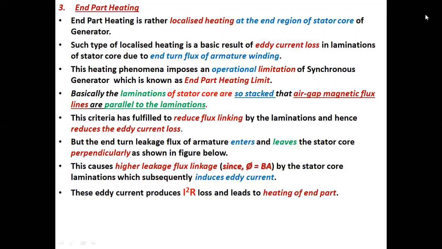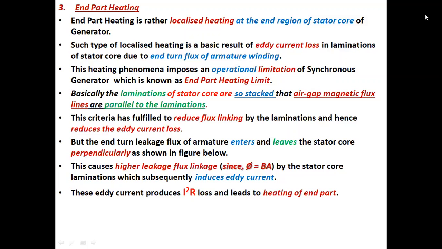Basically, the laminations of stator core are so stacked that air gap magnetic flux lines are parallel to the laminations. This criteria is fulfilled to reduce flux linking by the laminations and hence reduces the eddy current loss. But the internal leakage flux of armature enters and leaves the stator core perpendicularly as shown in figure below.